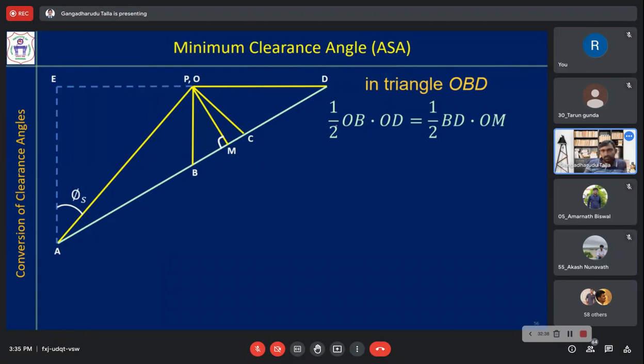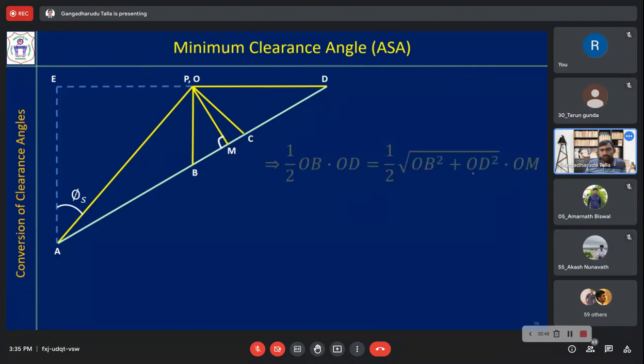For OBD, you can write half OB into OD equal to half BD into OM. So half OB square plus OD square under root into OM.